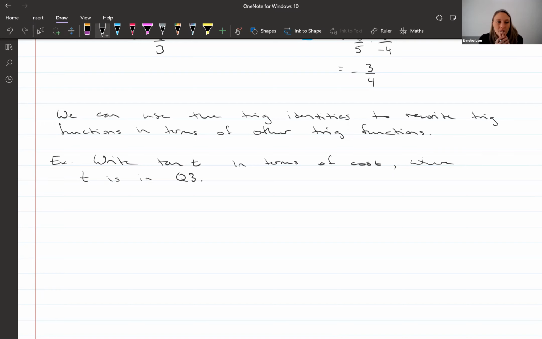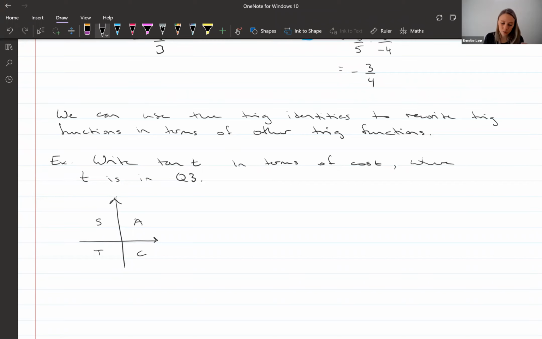Okay, so we need to think about this a little bit. If I write my quadrants out, all students take calculus.